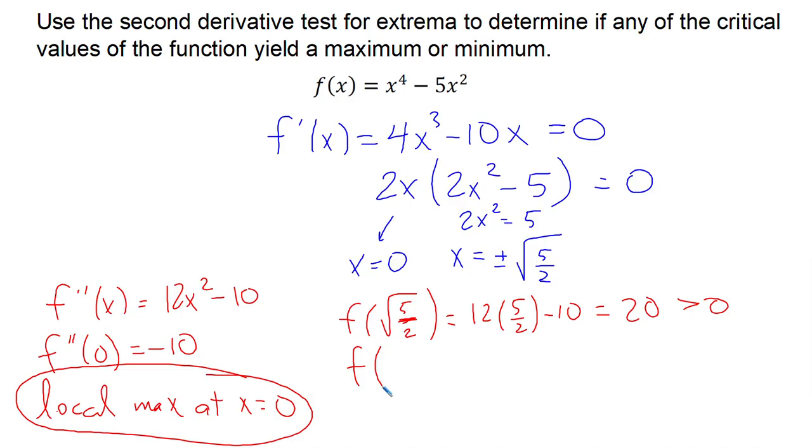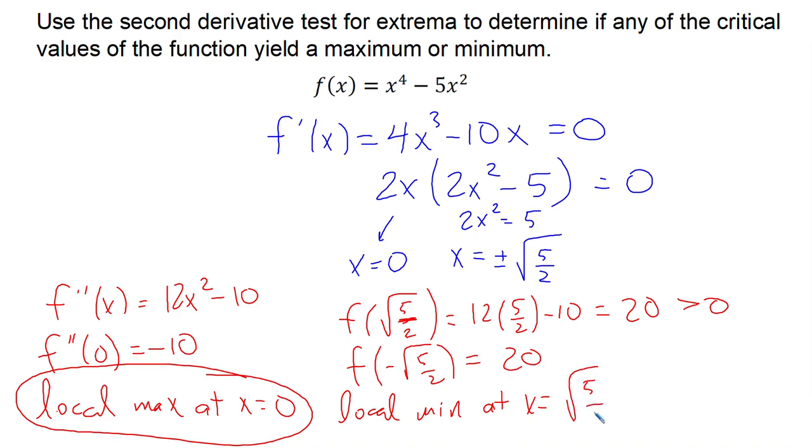And if I do the same thing with negative square root of 5 halves, that's also going to equal 20, because when I square negative root 5 halves, I still get 5 halves. So the function is concave up at those two values, so we have local mins at x equals root 5 halves and x equals negative root 5 halves.